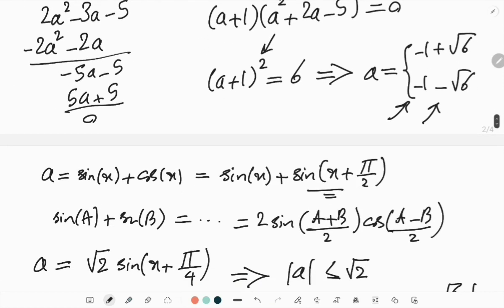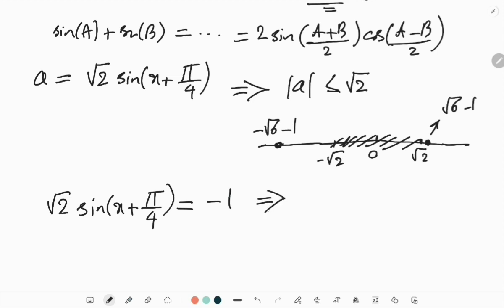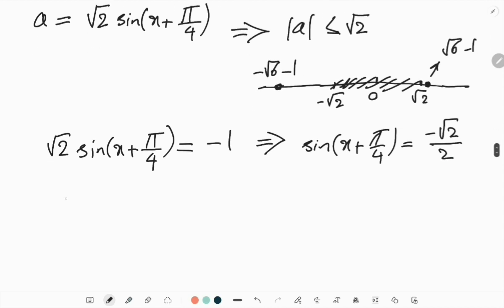So I can say the only acceptable value is minus 1, then square root of 2 times sine of x plus pi over 4. This was a, and this must be minus 1. And I can say sine of x plus pi over 4 is equal to minus square root of 2 over 2.